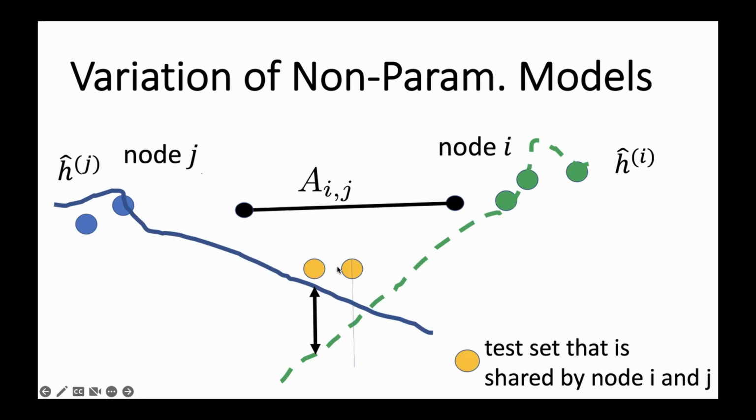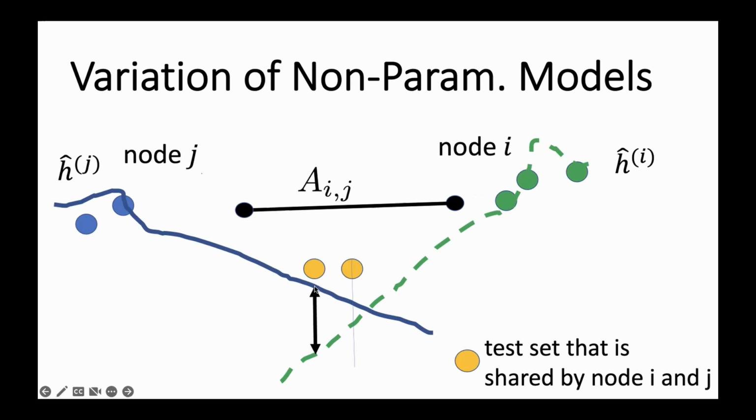This test set is kind of the referee, or let's call it a scale, which compares the learned blue hypothesis with the dashed green hypothesis. We then use the difference between the predictions.